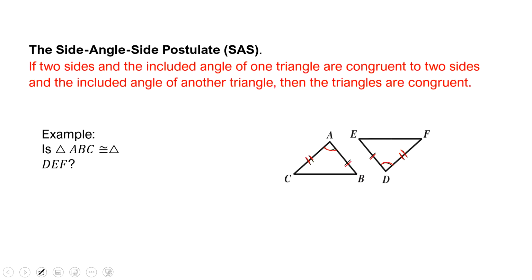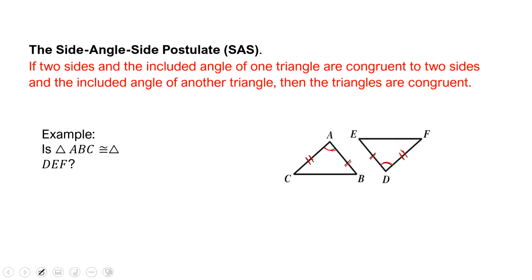They're the corresponding angles. But we know for sure two sides of the triangles are congruent, and the included angle of those two sides is also congruent. So I know for a fact that we can state without question that triangle ABC is congruent to triangle DEF. Does everybody see that? As long as you have two sides and then the angle in the middle of those two sides congruent on two different triangles, the triangles are congruent.